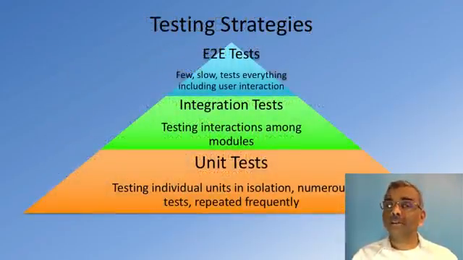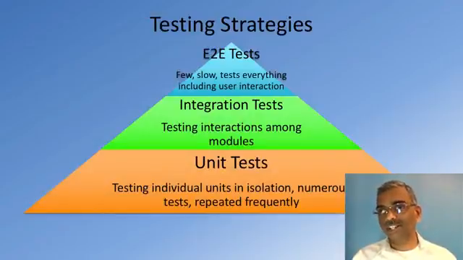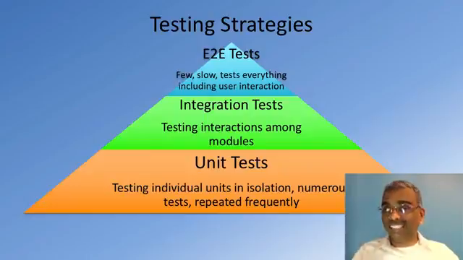When we look at our testing strategies, we can organize them into a pyramid-like approach. You have unit tests that form the base of the pyramid. So they are extensive and numerous and are repeated very frequently.